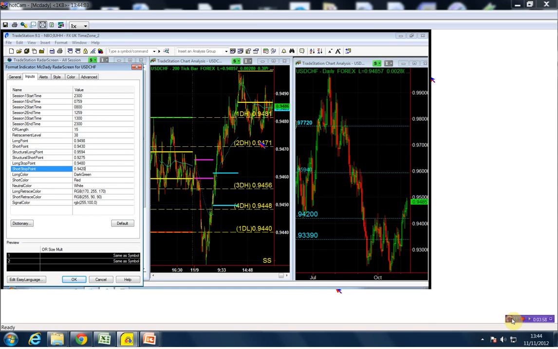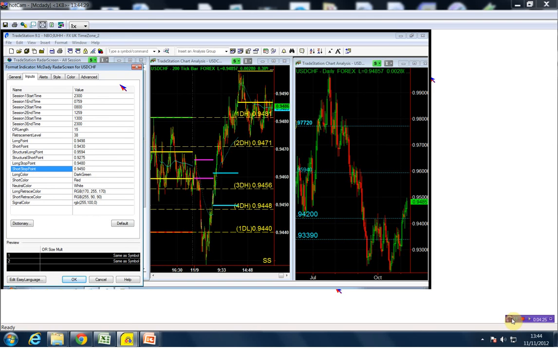And if I short it from here, my stop is going to be above the 4 daily high, which is 94. So I'm risking about 20 pips on that trade.